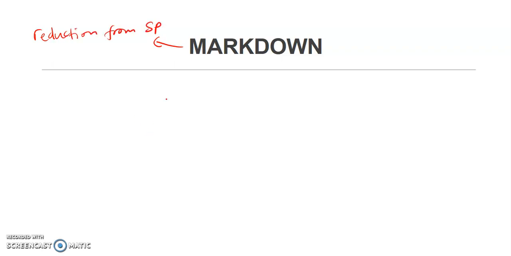Okay, so why does a retailer mark down the selling price? Because sometimes the retailer wants to clear old stocks, and maybe the retailer wants to attract more customers. So that's why the retailer will mark down the selling price.